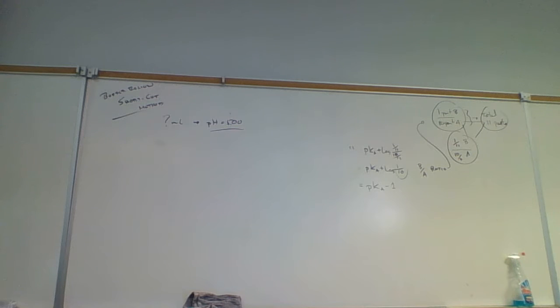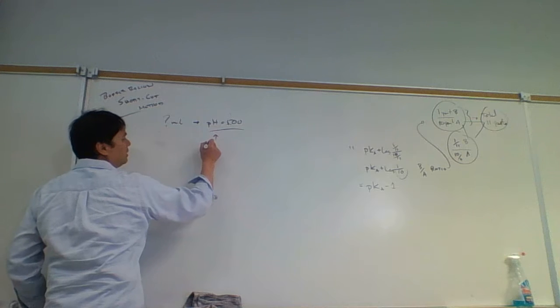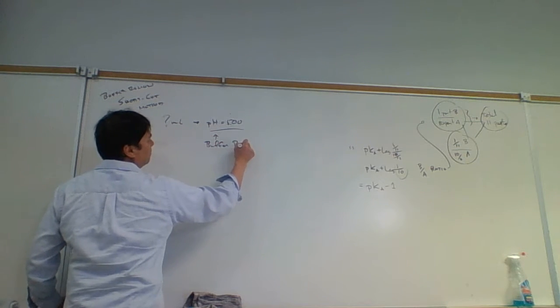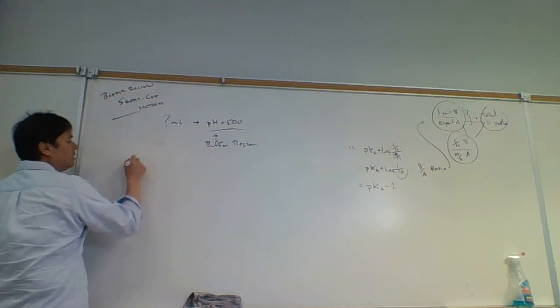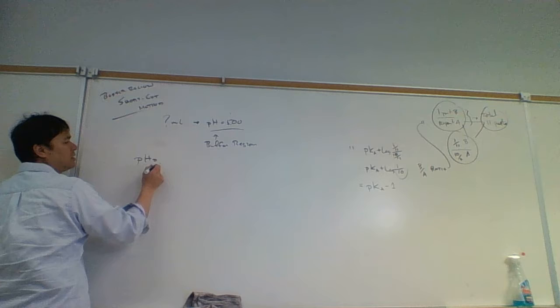Well, if the pKa is 4.74, then 5.00 is in the buffer range, right? In fact, it's nicely in the buffer range. And so, first thing is, this is in the buffer region. If it's in the buffer region, then it's going to be described by the Henderson-Hasselbalch equation.